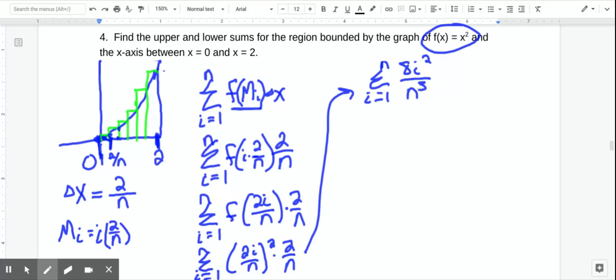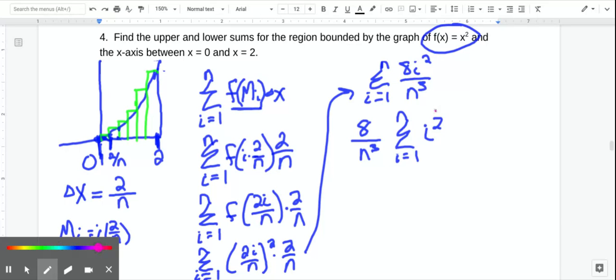All right. So now what we want to do is get this into a format where we can use those formulas from yesterday. So 8 is a constant, and actually n is a constant too. I mean, technically it could be 10,000 or a million or whatever. So I'm going to pull out 8 over n cubed, and the sum from i equals 1 to n of i squared.